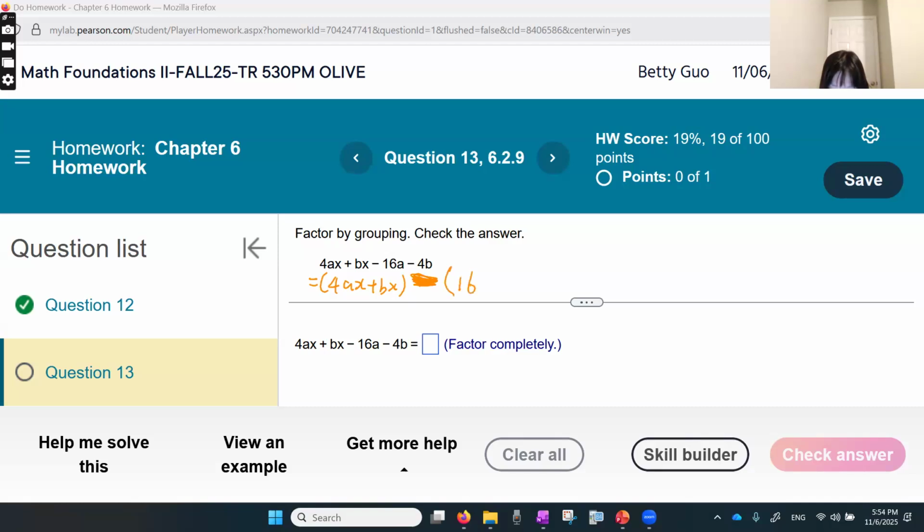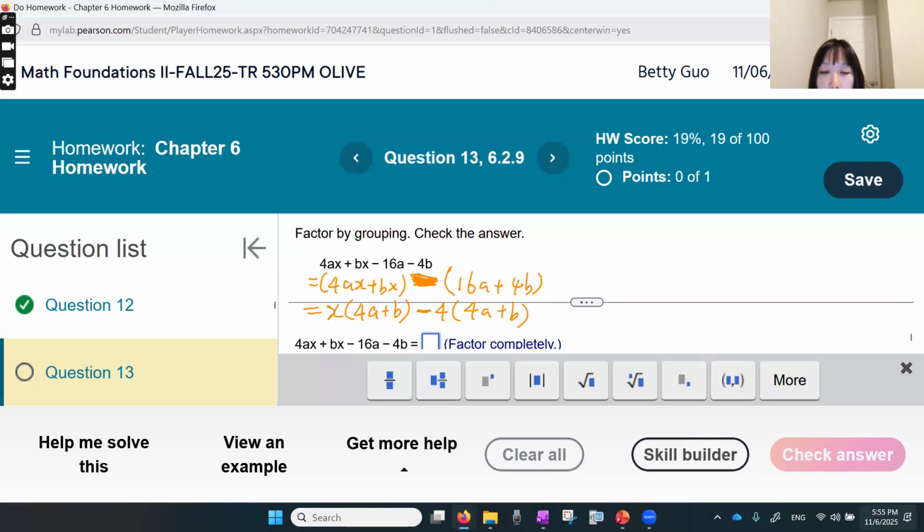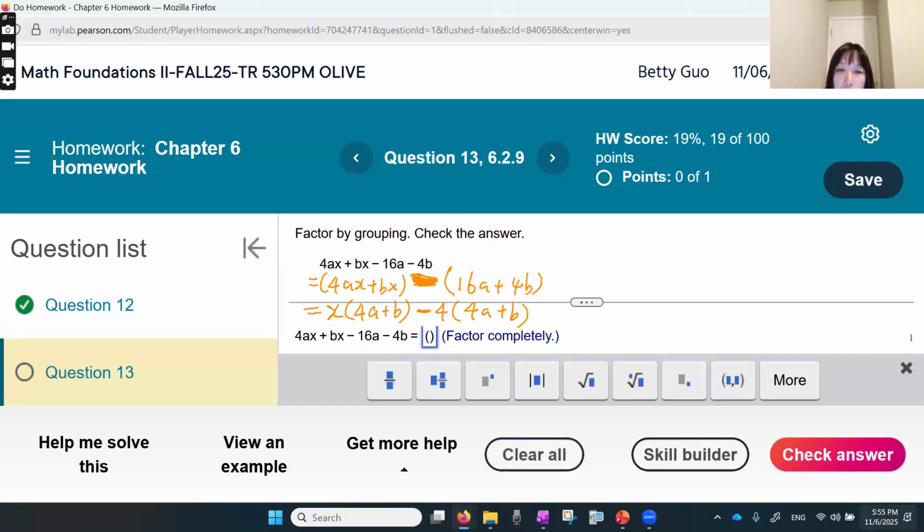We have 16a plus 4b, right? And the first group, GCF is x. Take x out. So 4a plus b. And 16a plus 4b, we take a 4 out. We already have a negative sign here. So negative 4 and 4a plus b, right? You see they have the same common binomial factor. We factored out 4a plus b.